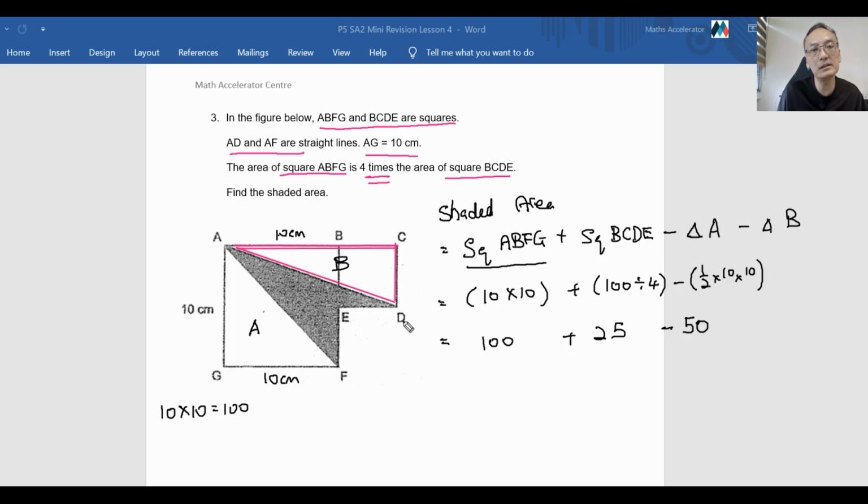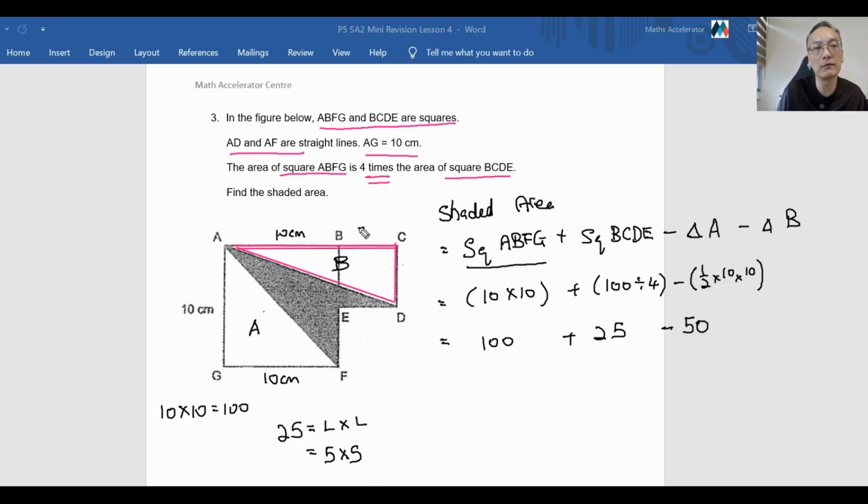Now, BCDE is a square, and if the area is 25, therefore, we know that length times length will give you the square, right? So we have to find a number that multiplied by itself will give us 25. If you're good at multiplication, you know that 5 times 5 will give us 25.